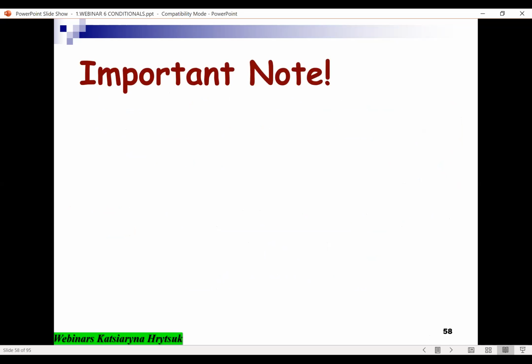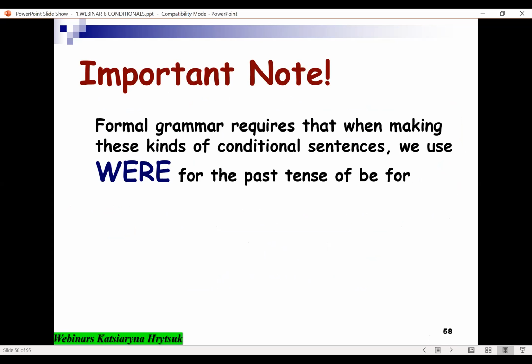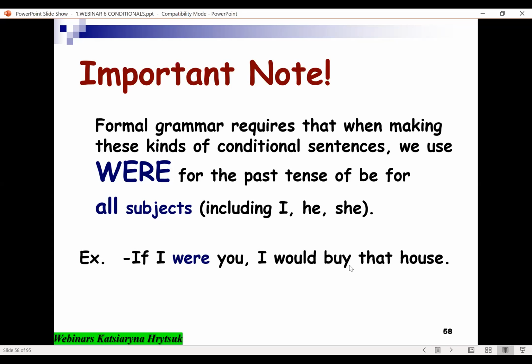Make this note. Now, important note about formal and correct grammar. We use the verb to be, were, even with I, he, she. I explain to you. If I were you, I would buy that house. We don't say if I was you.